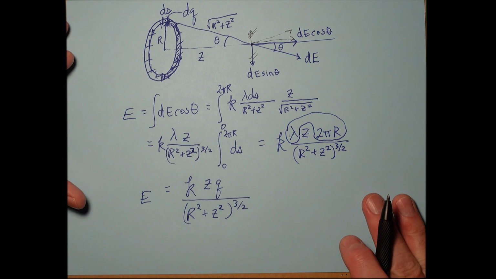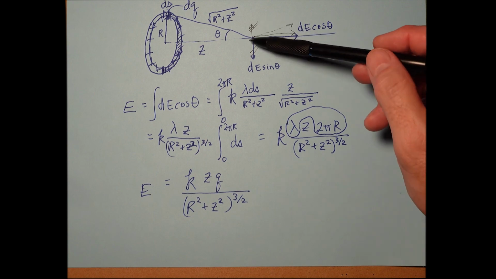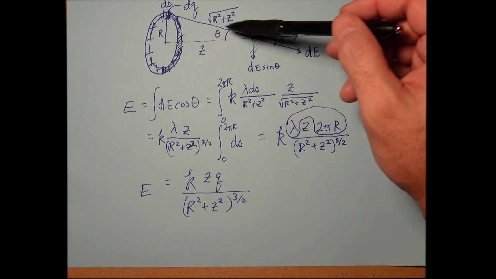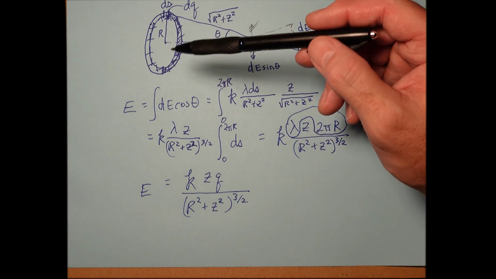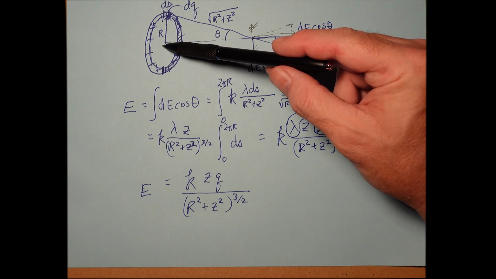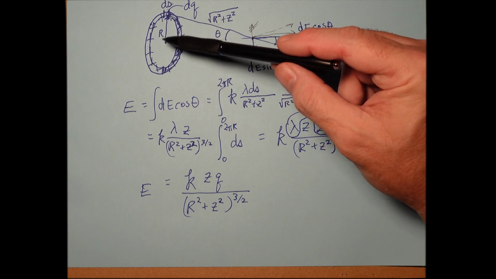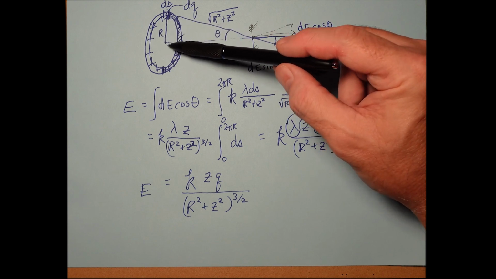Let's perform a mental check. Let's say what happens if z goes to 0, in other words, at the center of the disk. At the center, you expect the electric field to be 0, not because of the magnitude, but because the directions of these electric field lines in the center of that flat circle all cancel each other.